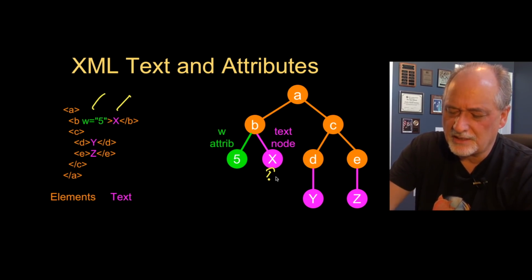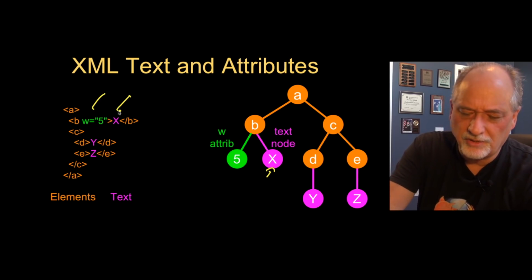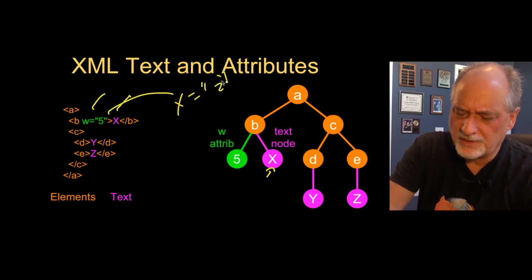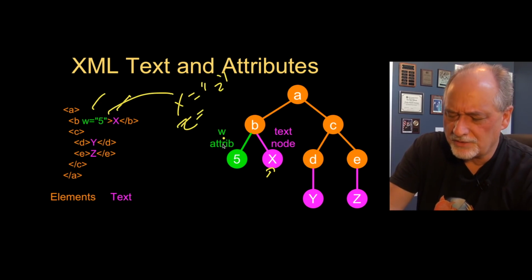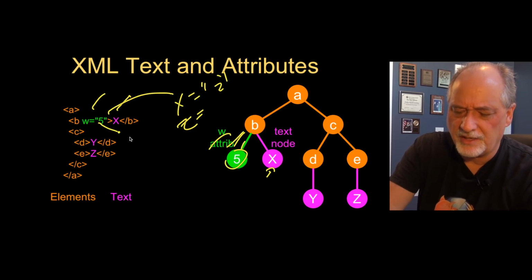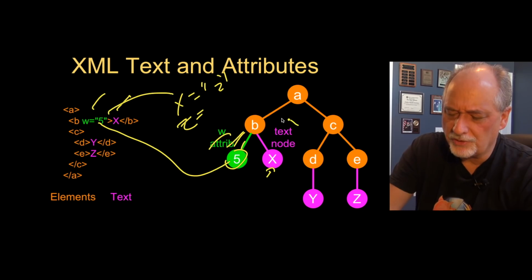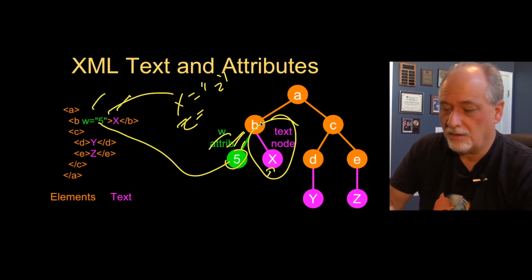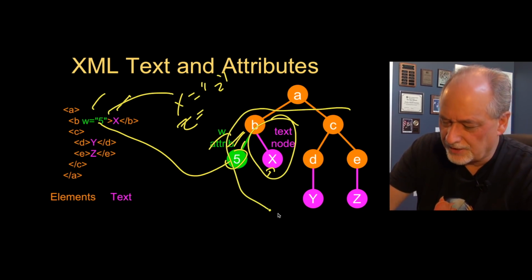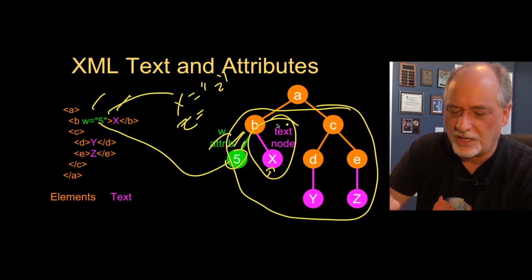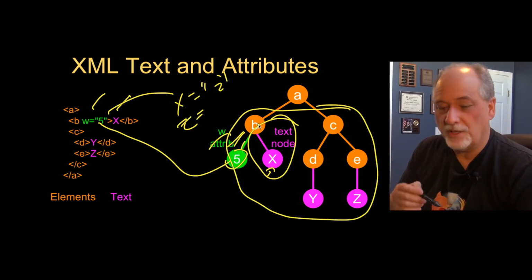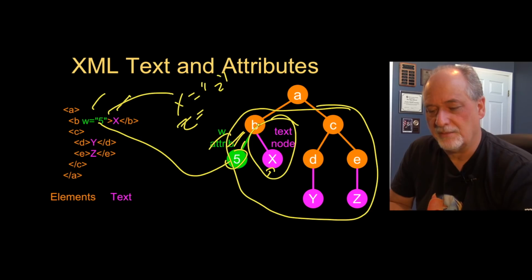So the text is a special kind of child, and you can literally have more than one attribute. You could have x equals 2, zap equals whatever, and these could have a couple of different attributes. The W attribute has a value of 5, and that's the 5 down there, and so you could have multiple ones. You can only have one text node. Now, in the case of A, you have a whole bunch of text nodes, but these are because there are child nodes. Within one simple node, you can only have one text element.